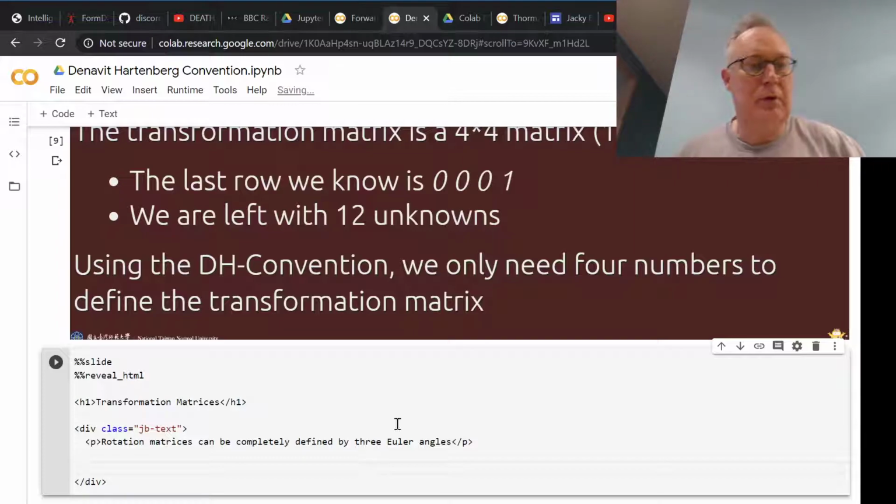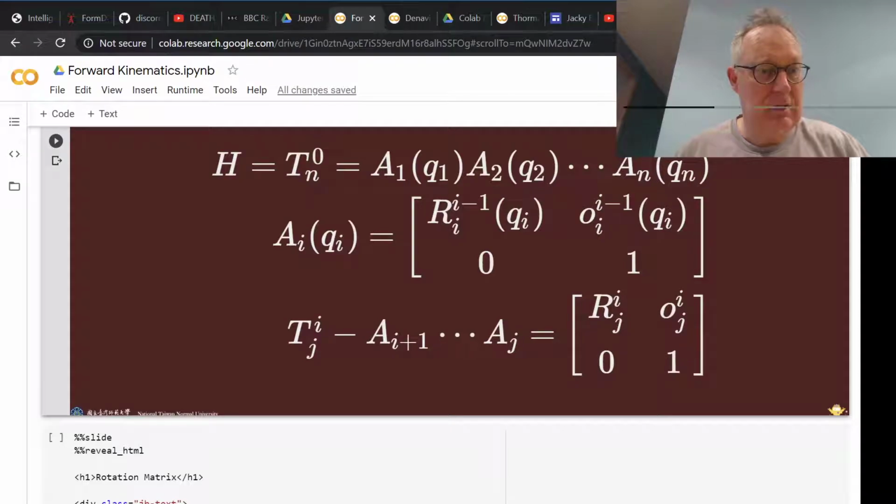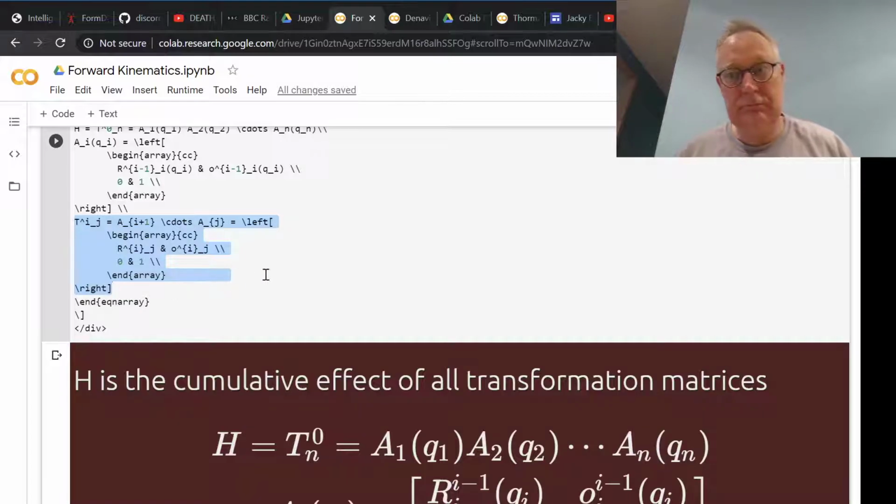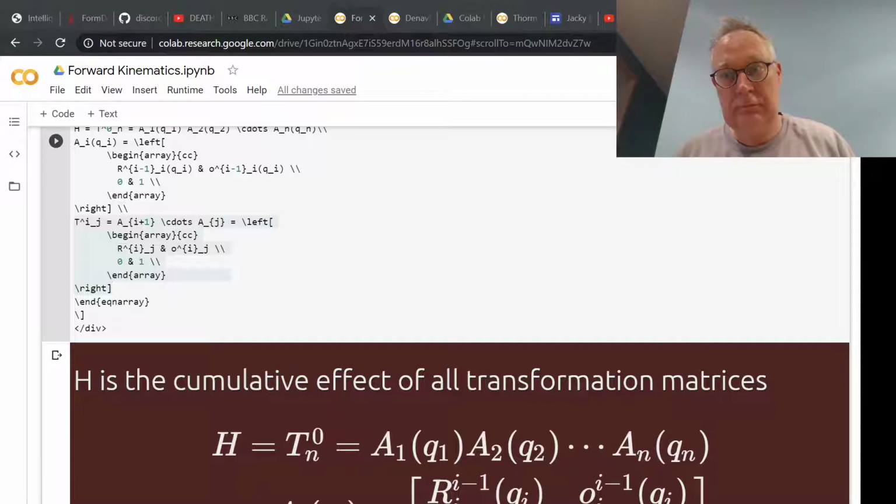So the rotation matrix component, let me just copy that. This is a weird error.